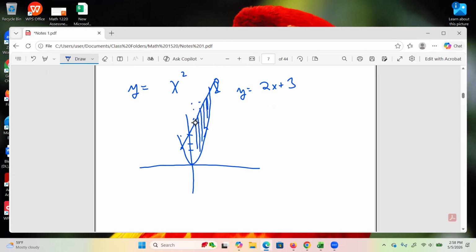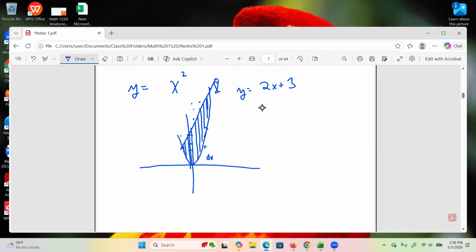Just like in Calculus 1, we think about drawing little rectangles, which are our little dx's, and we subtract the bottom function from the top function and get the area of all these tiny little rectangles. That's going to be your integral.